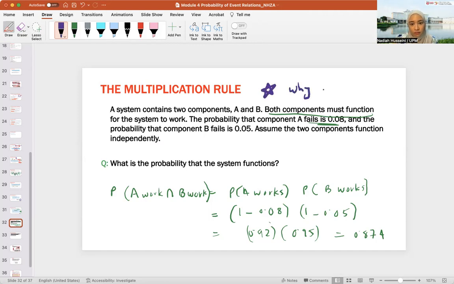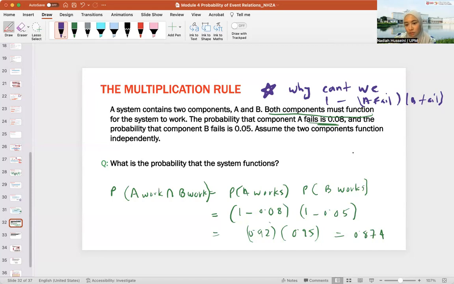Why can't we multiply A fail with B fail? So this is the question. I don't know who asked. I think it was Haris, not sure. So he's asking, yes, okay. So why can't we multiply the probability of A failing with the probability of B failing and then 1 minus that, because that is also a complement, right? I'm not sure. I have to get back to you guys on that one. So that's a good question.